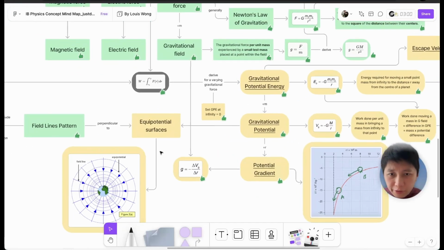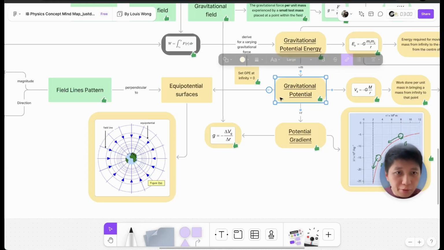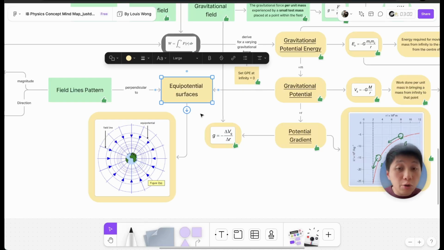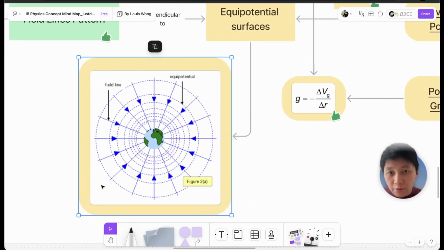Oh, I'm sorry, I totally forgot, I missed this. So from the gravitational potential, we learn how to do the calculation, and for all the points which connect together with the same potential, we can have equipotential lines or equipotential surfaces, depending on whether it's 1D or 2D, and therefore we can construct diagrams like this.